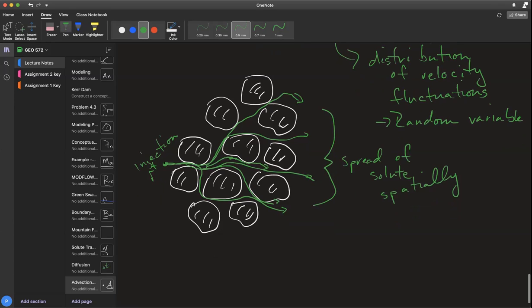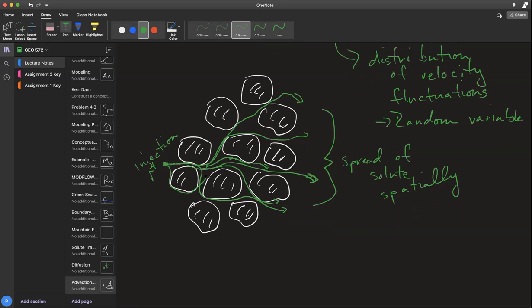Let's say that each one of these lines that I draw, I'm going over the same time increment. So some of them that had fast flow paths move very far. Some of them that had slow flow paths move not as far. We might get into some that have very slow flow paths.